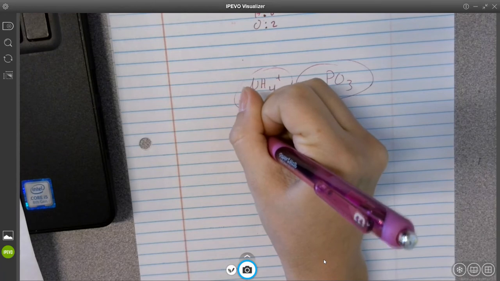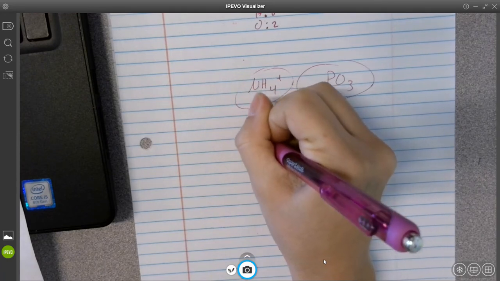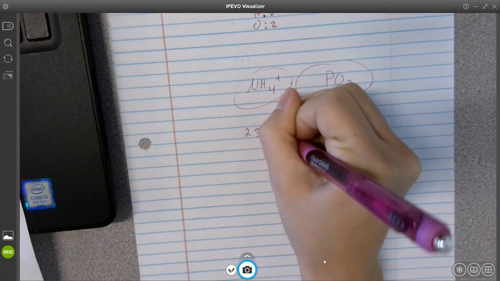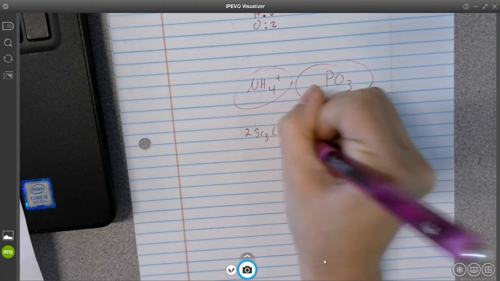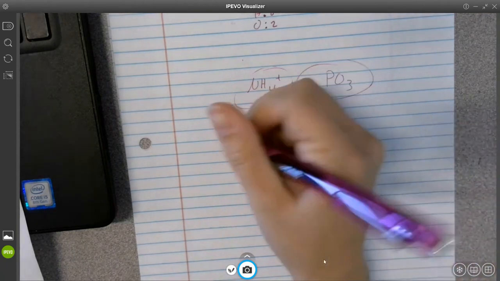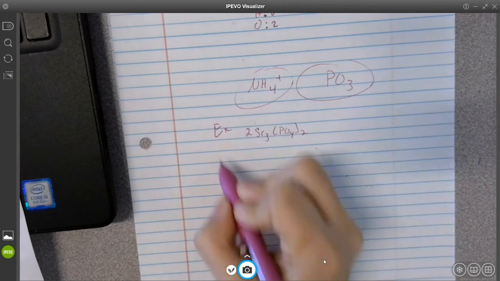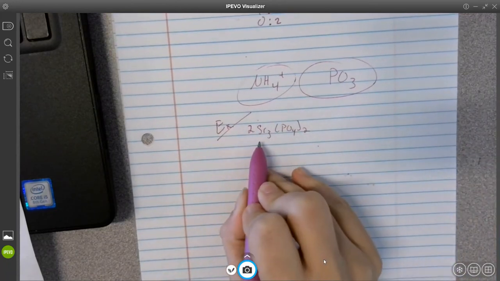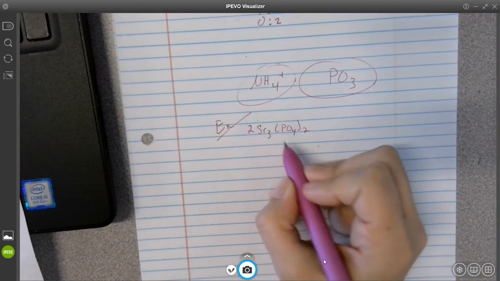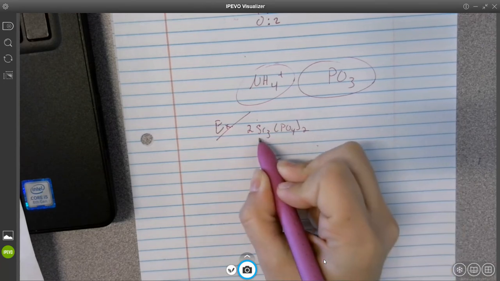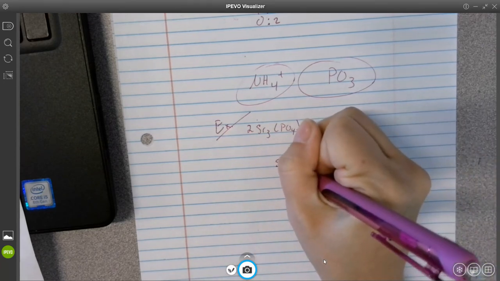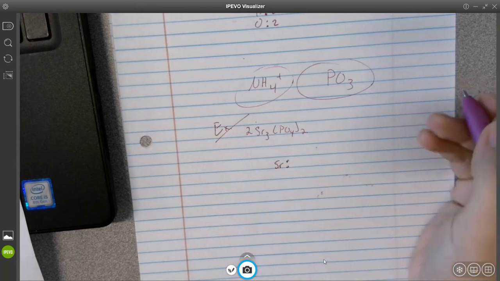And so we have an example of 2 Sr3(PO4)2. I would look at my different elements. Sr is an element. Remember how we would tell the difference?